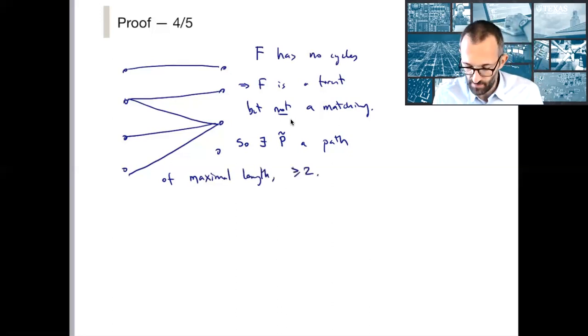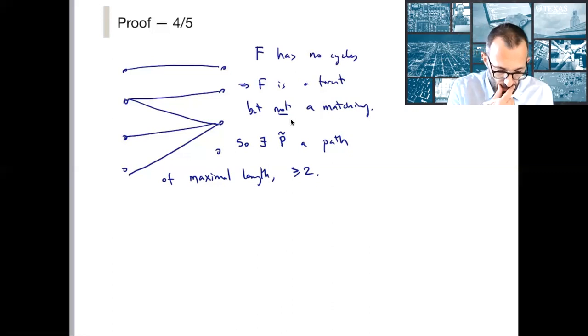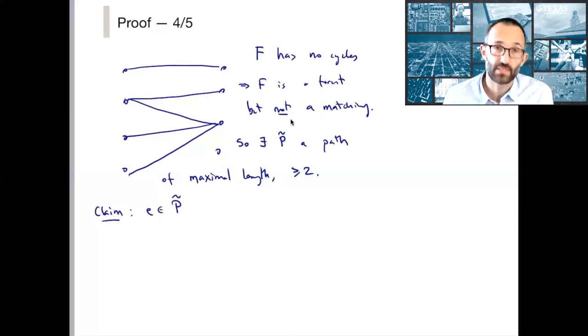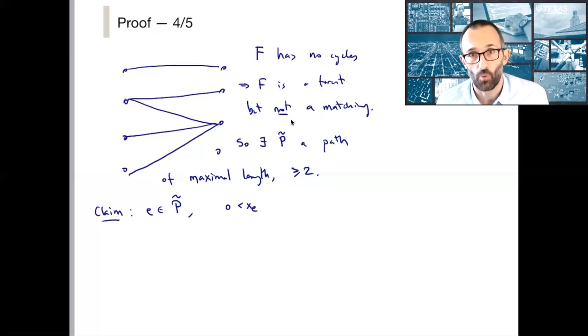So I'm writing a couple of things here. I'm saying let P tilde be a path of maximal length in F. And by the way, because F is not a matching, this path has length at least 2. So now let's look at the edges in P. My claim is that for any e in this path P tilde, certainly we know that x_e is positive because it's part of the support, by definition.